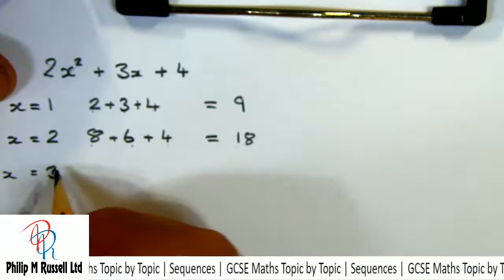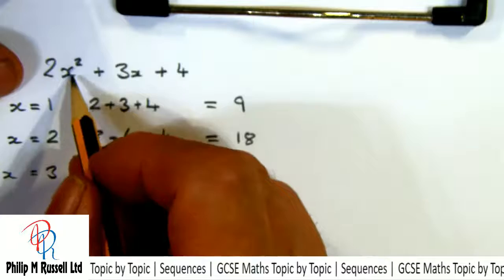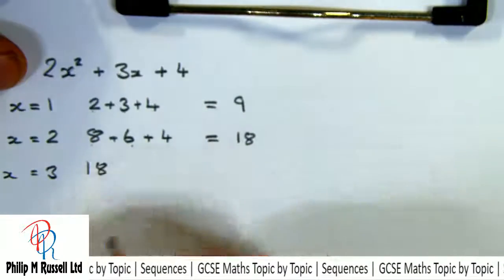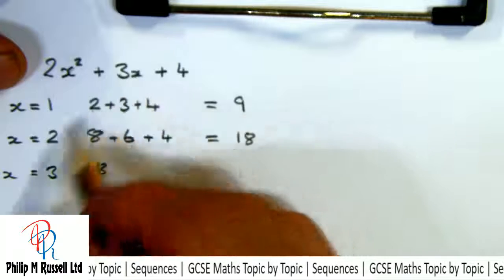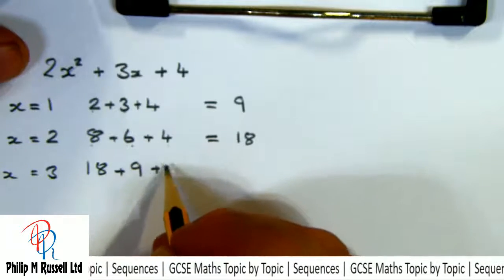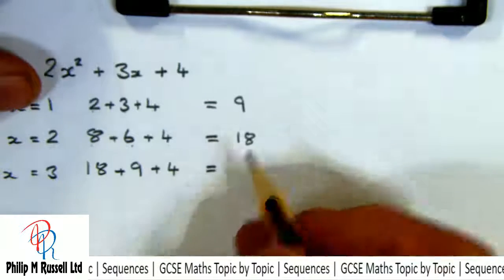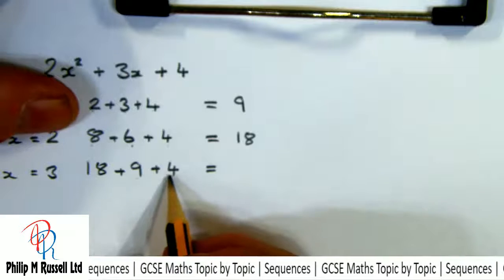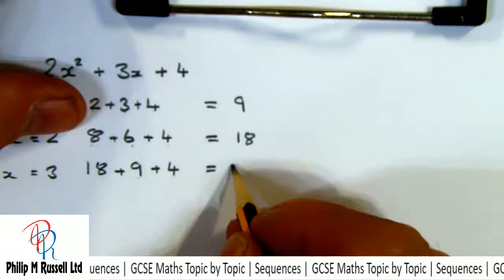x is 3. 3 squared is 9, 2 9's are 18. 3 3's are 9, plus 4. So 18 plus 9 is 27, plus 4 gives me 31.